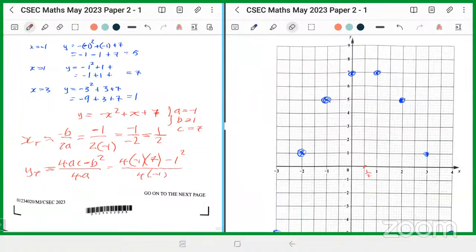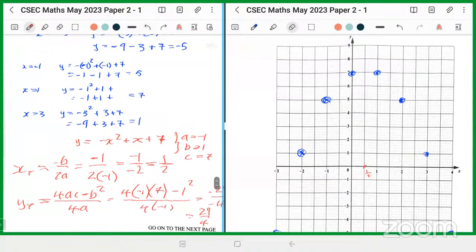If we work that out, 4 times 7 is 28, becomes -28, and -1 gives -29, so -29 over -4, which becomes 29 over 4, which really is 7.25. So you see more than 7, 7.25 is the yt value. 29 over 4 is 7 remainder 1 over 4, 7.25. So the maximum value is 7.25, more than 7.